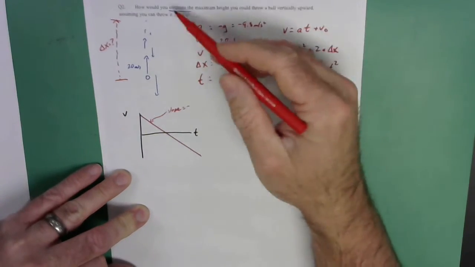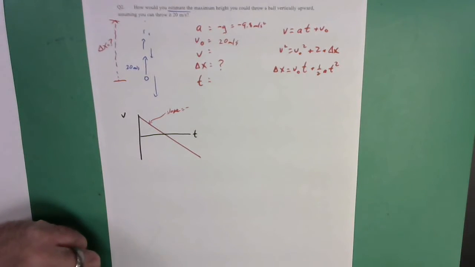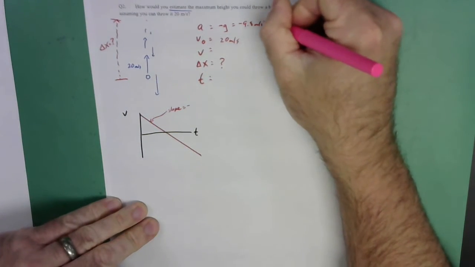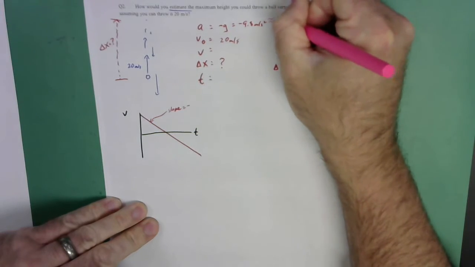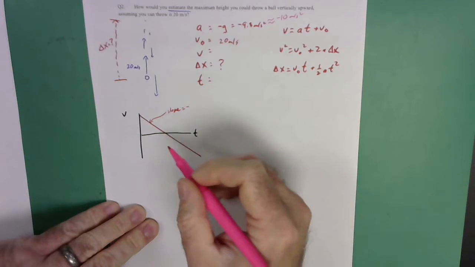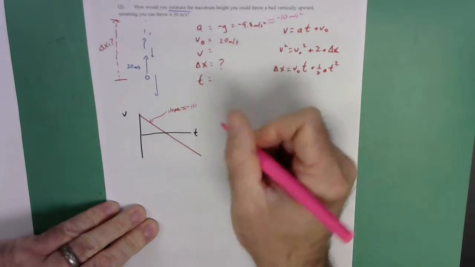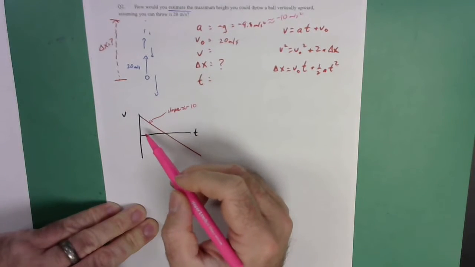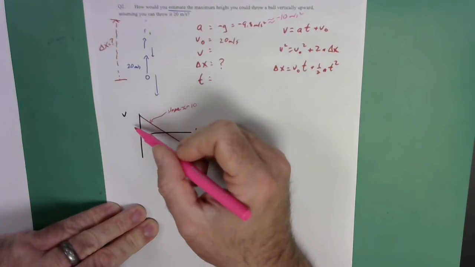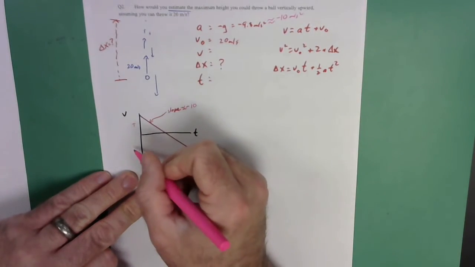Now, because we're just estimating, I'm going to round these things off. Let's just call this negative 9.8 approximately equal to negative 10. So the slope is approximately negative 10. One thing that I know is, when I'm going upward, the sign on the velocity is positive, and when I come back down, the velocity is going to be negative.